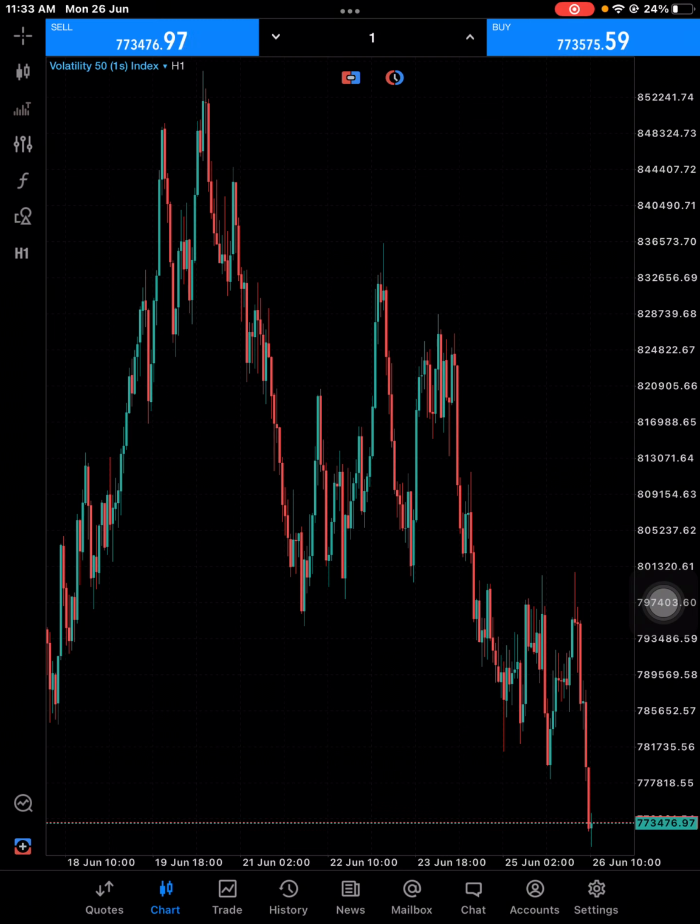The beauty of it also is that once we are making 20 to 50% of the account, we are going to make a withdrawal and share among everybody. How long it's going to take, we don't know.